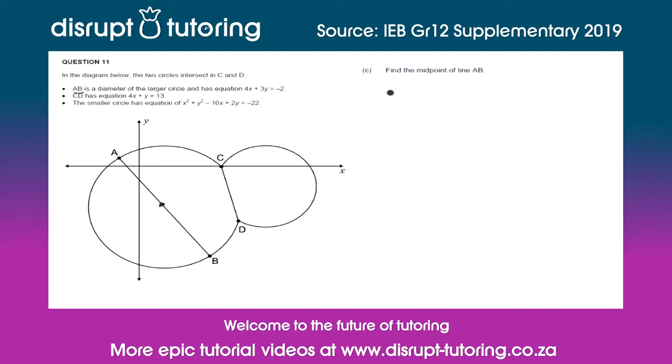And we're also going to need to make use of the perpendicular bisector theorem, which is one of your circle laws.